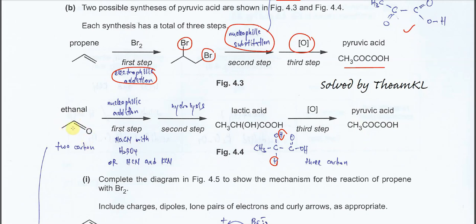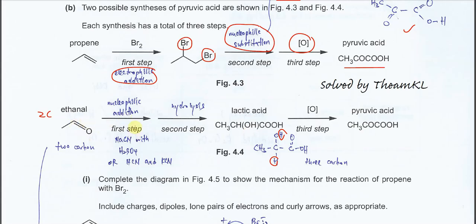Okay, the key is this one. If you look carefully, ethanal has just 2 carbons. Lactic acid has 3 carbons. See that? So when the intermediate or the product has 3 carbons and the reactant has just 2 carbons, we know that it must involve cyanide. So it will form a nitrile later.